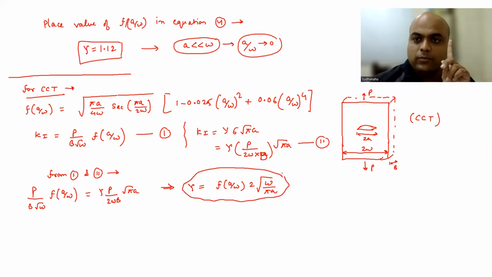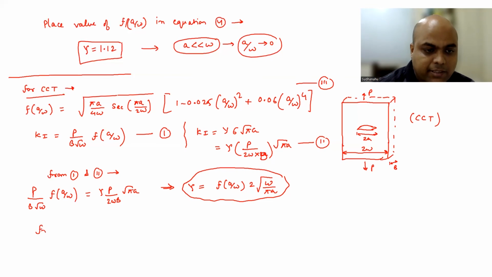We had already calculated the expression for SENT. Okay. So now if I place limit of A by W tends to 0, which is the case for infinite plate, okay, we can write, so let me put this equation as 3. Okay.